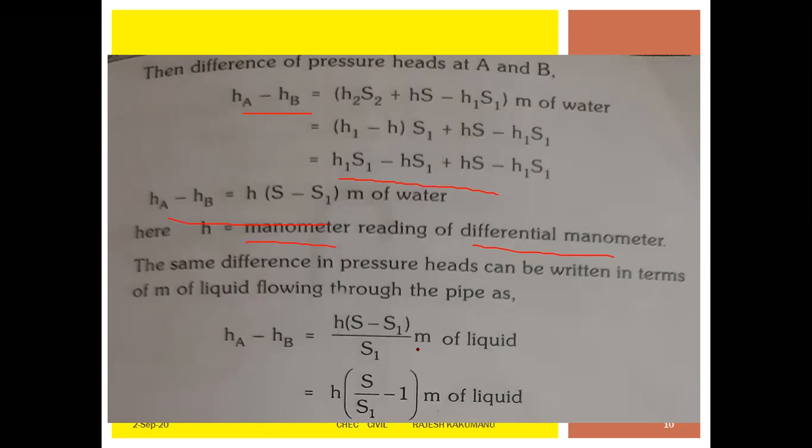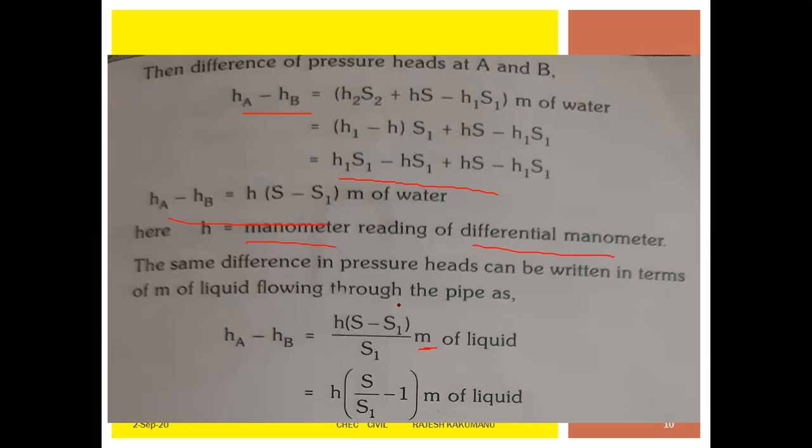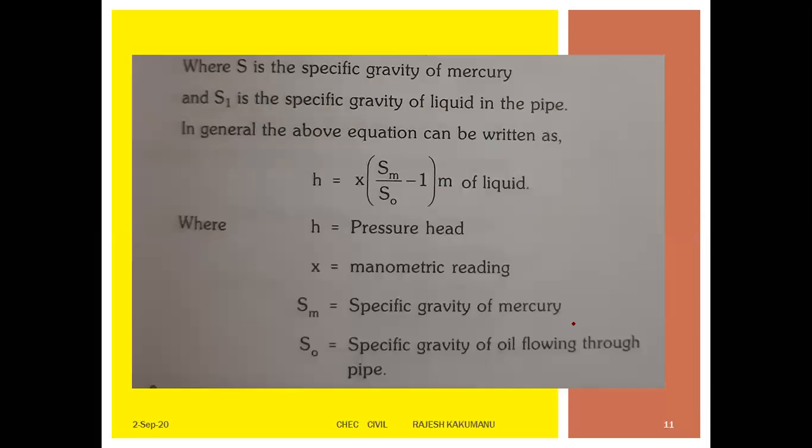So in terms of meters, HA minus HB is equal to H of S minus S1 by S1 meters. That implies H common, taking the LCM: H of S by S1 minus 1 meters of liquid, or you can leave it at this point also. Here S is the specific weight of mercury, S1 is the specific weight of the liquid in the pipe.